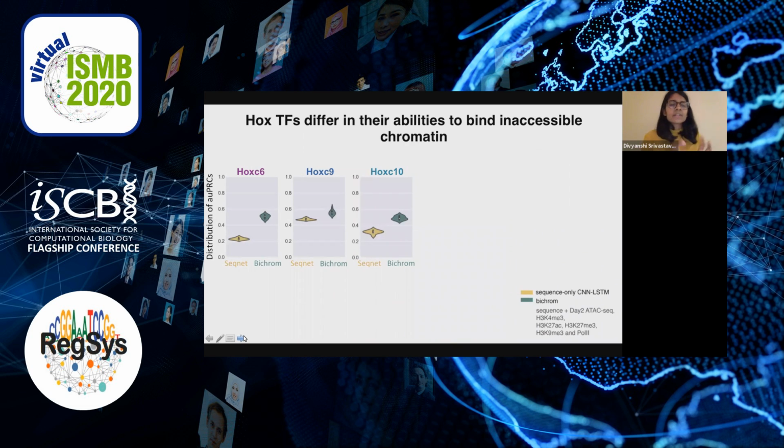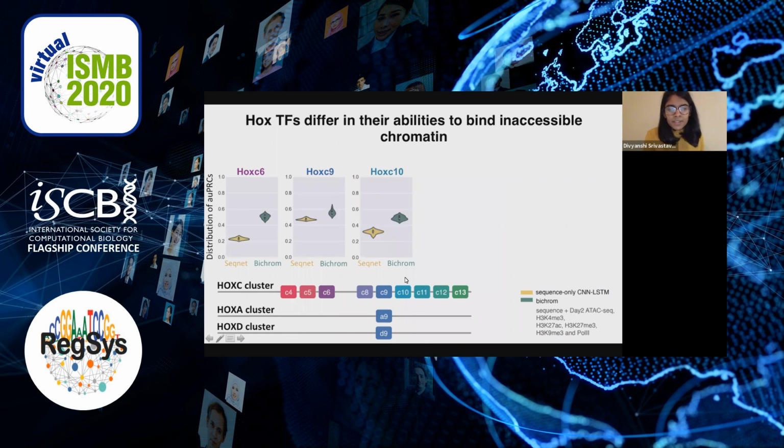So finally, having looked at the binding of HOXC6, C9, and C10, we wondered whether additional posterior Hoxes also behave differently in their abilities to bind inaccessible chromatin. We first looked at HOXA9 and D9. These are direct paralogs of HOXC9, and we wondered whether they behave in a similar manner as HOXC9.